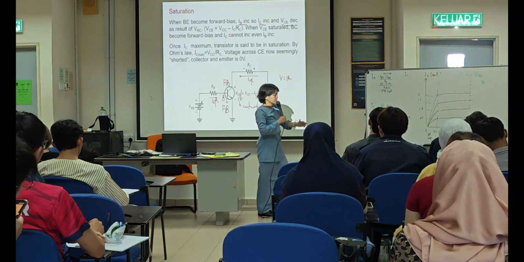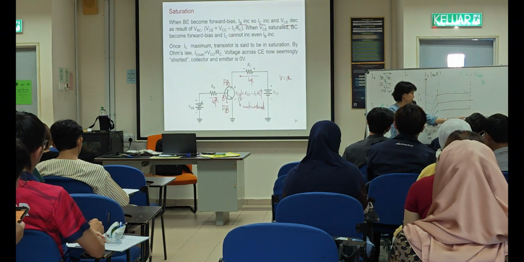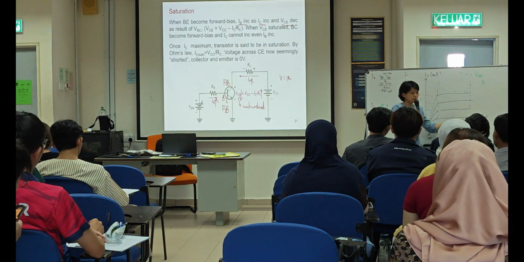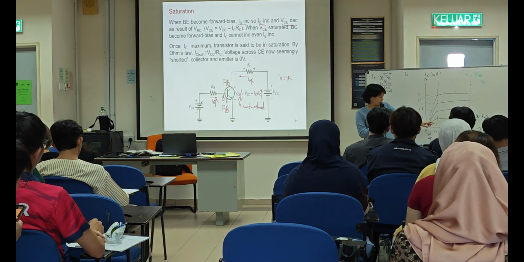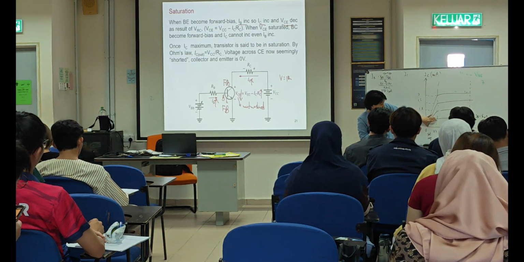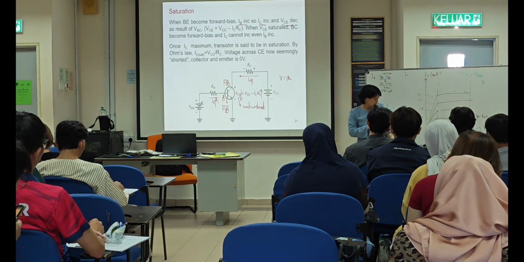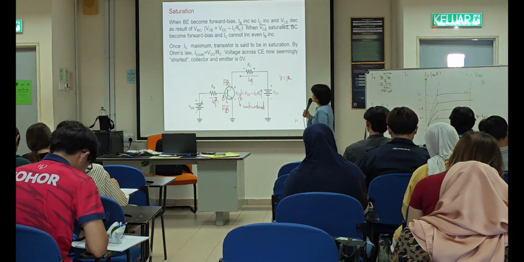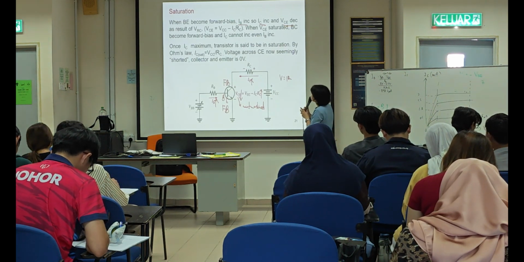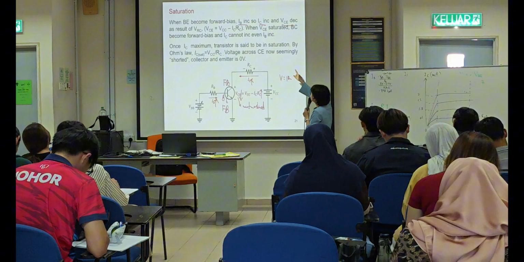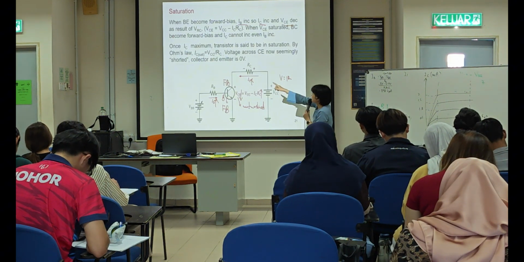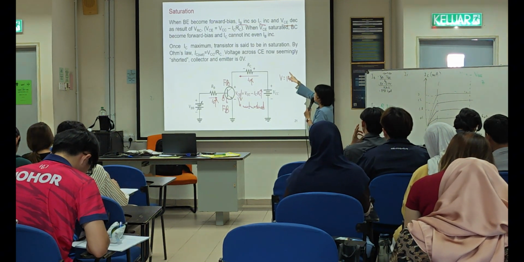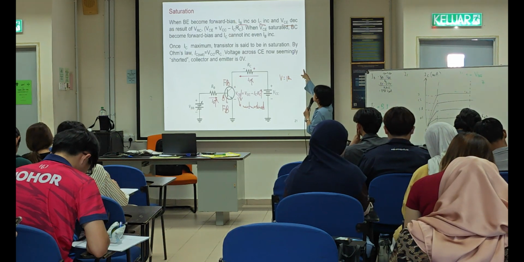Even if your IB increases, your IC cannot increase. Saturation. Once the IC is maximum, the transistor is said to be in saturation.